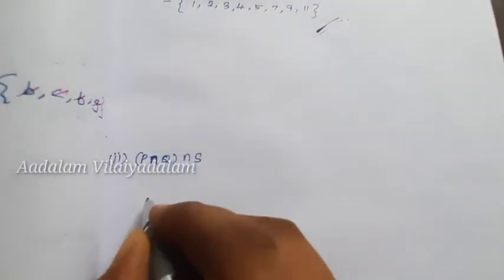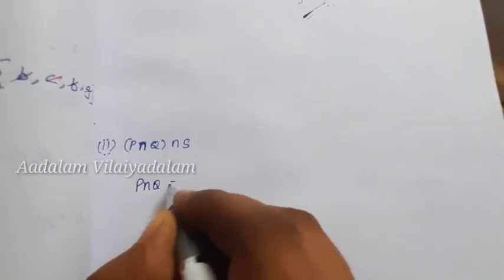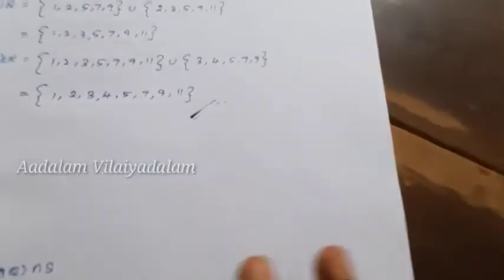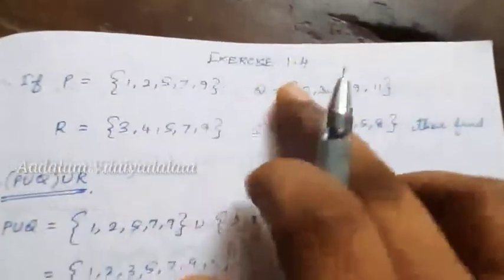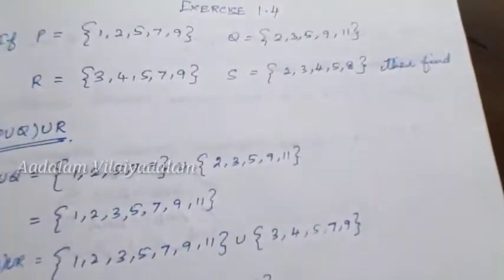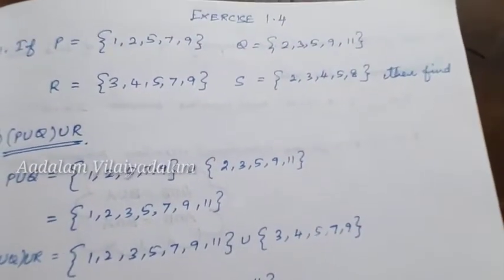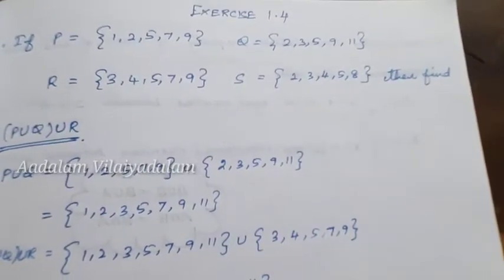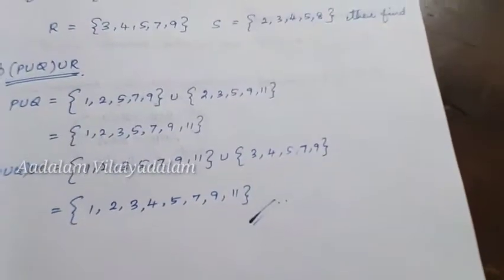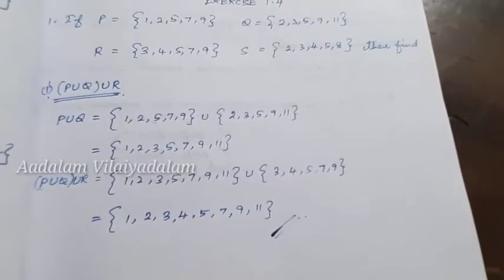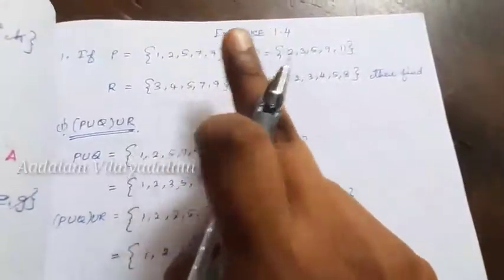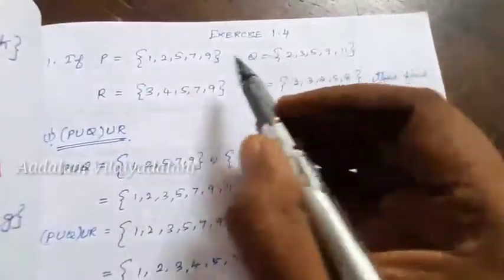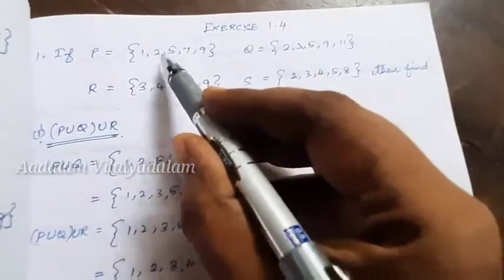The second subdivision is, we shall find P intersection Q first of all. P is 1, 2, 5, 7, 9. Sorry students. Here we only need to write the common elements between P and Q. What are the same elements repeating here? 2, then you can write the 2.